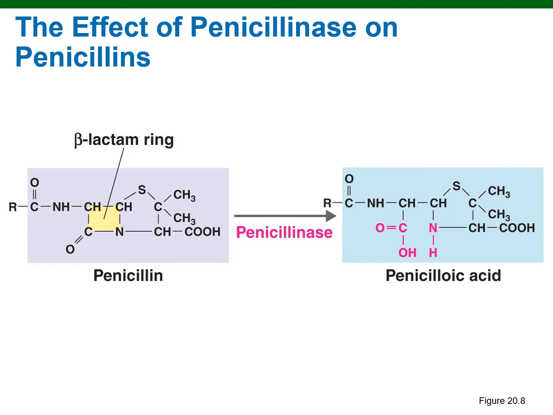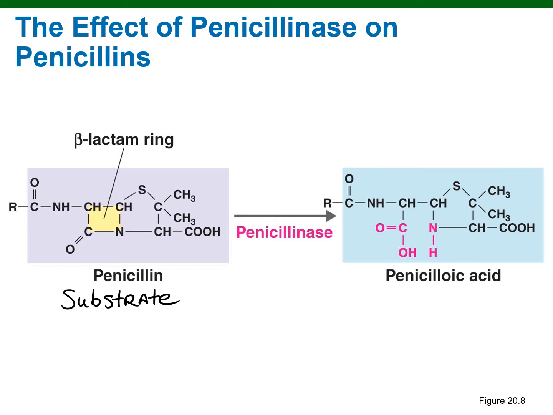When we look at penicillinase specifically as an enzyme that can break down penicillin antibiotic, we can think of the penicillin as a substrate by which the penicillinase enzyme will act.